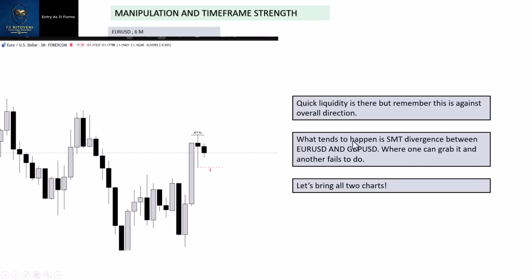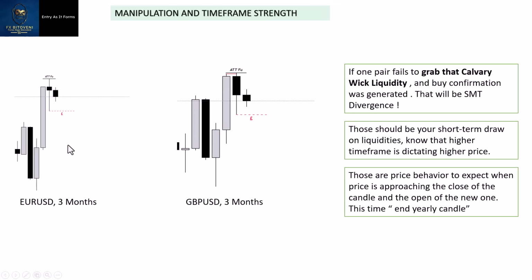What tends to happen is an SMT divergence between EURUSD and GBPUSD, where one can grab it and another one fails to do so. Let's bring these two charts here: EURUSD 3 months and GBPUSD 3 months. They have created the same pattern because they are positively correlated pairs.